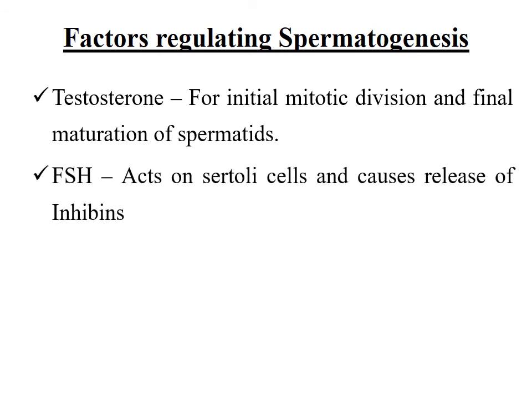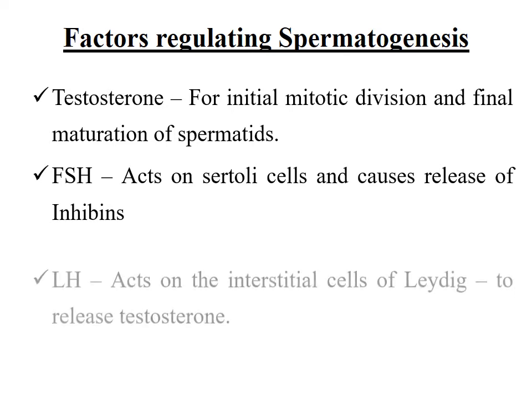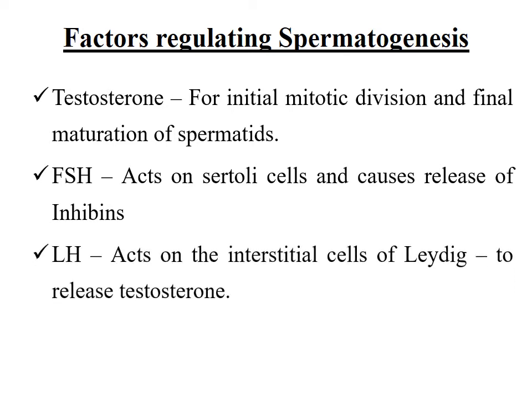FSH acts on the Sertoli cells. FSH is the hormone which is released from the anterior pituitary, and it acts upon the Sertoli cells, and they release a hormone called inhibin. So inhibins are produced by Sertoli cells. Then comes the luteinizing hormone, which is called LH, which acts upon the Leydig cells.